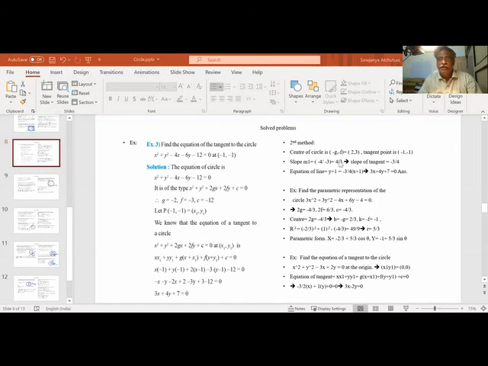Let us see the second method. Same thing, second method. What is that? This is the circle. This is the point. Center of the circle we got 2, 3 from this. So what is the slope between 2, 3 and minus 1, minus 1? The slope is 4 by 3, because y2 minus y1, so 3 minus 1... 4 by 3.